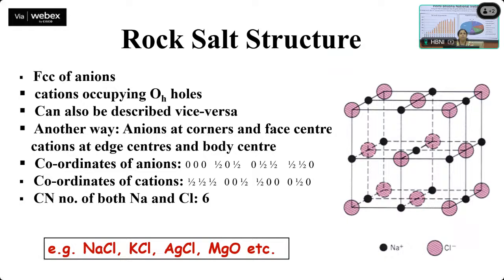The first one and probably the most common one is called the rock salt structure. Now a few guidelines before we talk about the structures. Most of the time, structures are defined as close packing of anions with cations occupying the holes. Why?